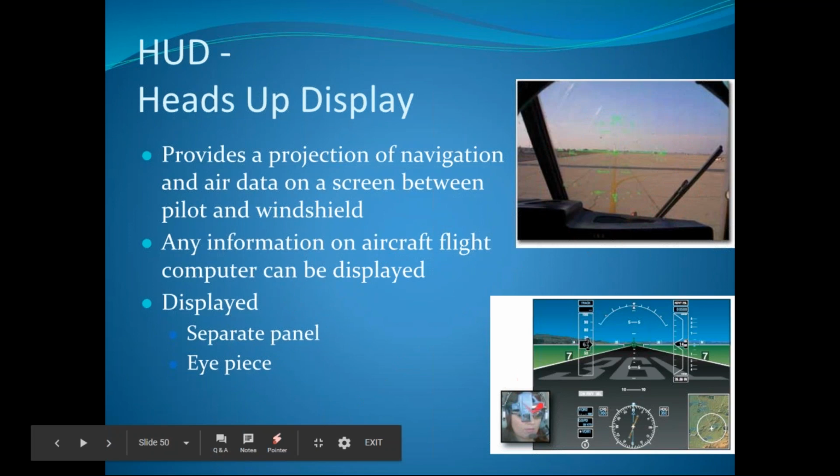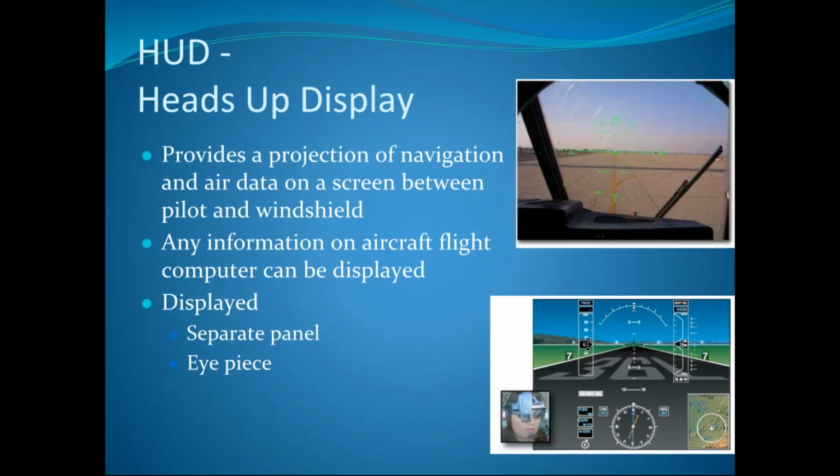Check out that 1980s Cyborg headset. Anyways, heads-up displays provide a projection of navigation and air data onto a screen between the pilot and the windshield. Any information on the aircraft flight computer can be displayed, and it's displayed in a separate panel or an eyepiece.